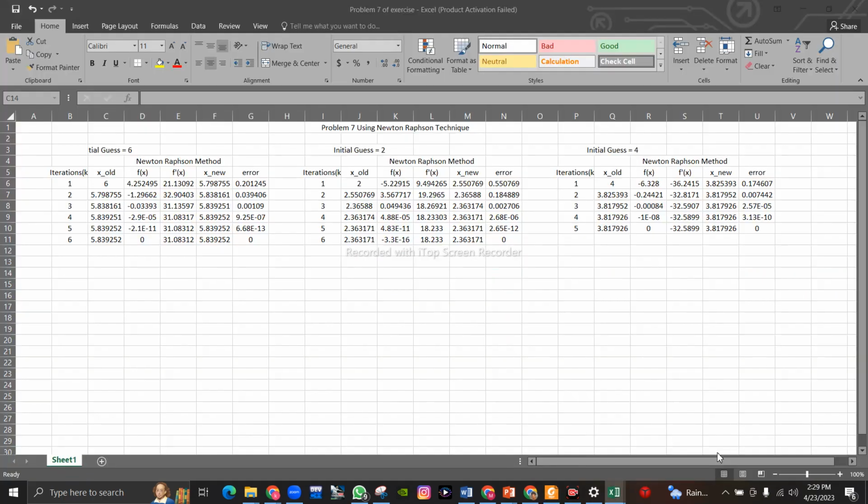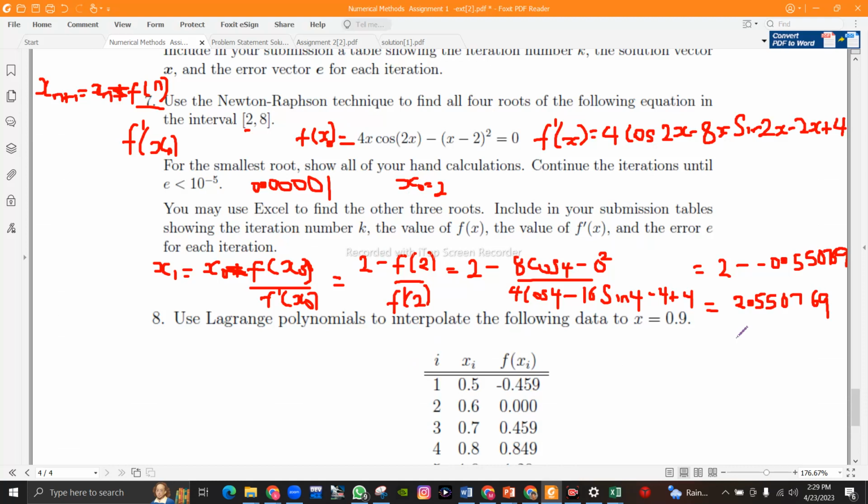And if we check, 2.550769 is the calculation when the initial guess was 2. That's our x1. Now we have to go for the second iteration. The second iteration will be x2.